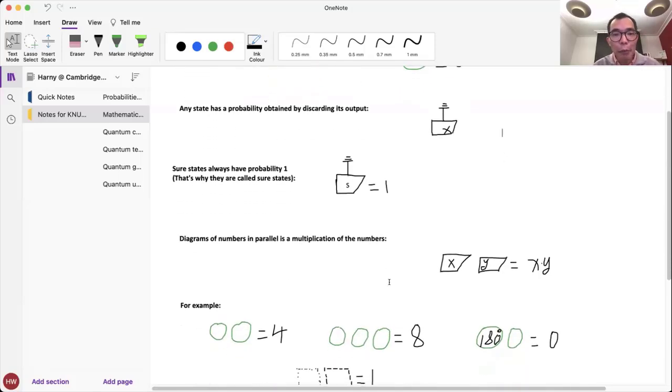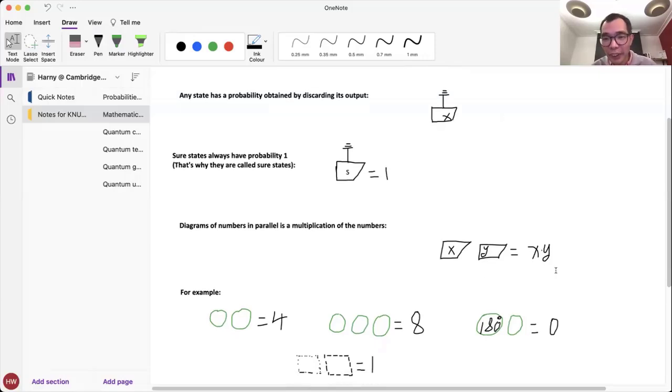Okay, if we have 2 diagrams which represent 2 numbers, and we put them in parallel, then we will get the multiplication of these 2 numbers. So if we have a diagram representing X, and another diagram representing the number Y, then we'll get X times Y. So it's easy, right?